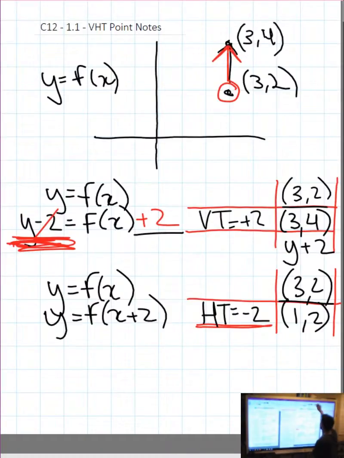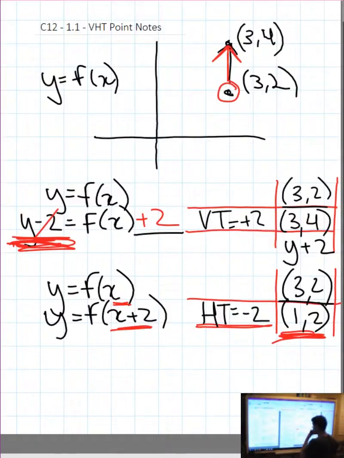So again, substituting x plus 2 in for x is a horizontal translation left 2. Feel free to take further looking at the notes, either printing off the notes or having 2 windows open side by side. And you can see all of the English instructions. Subtract 2 from all the x values if we substitute x plus 2 in for x.